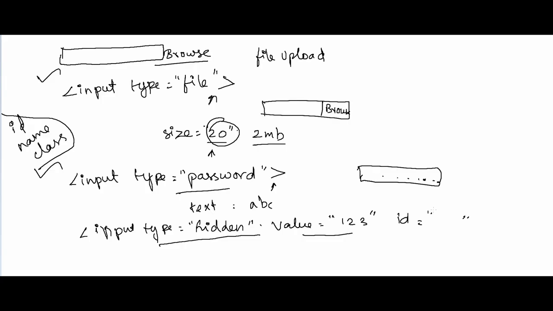Some other attributes which we can use for these tags. See, for example I am just giving this input type is equal to text, right? So I'm just giving the name is equal to first name.